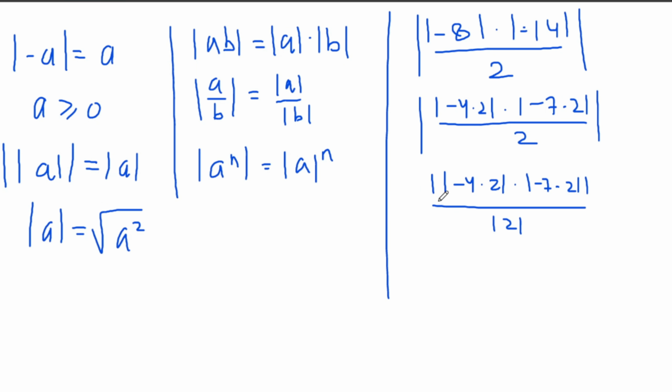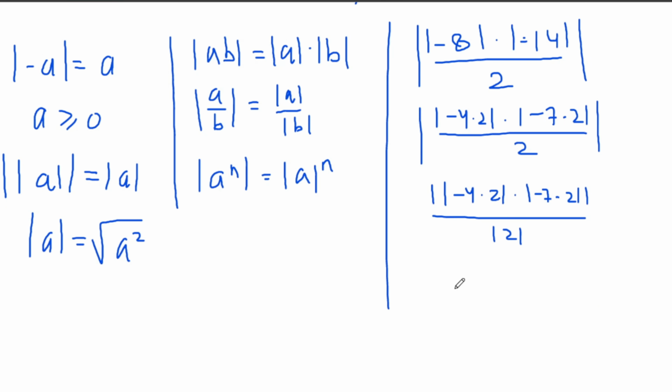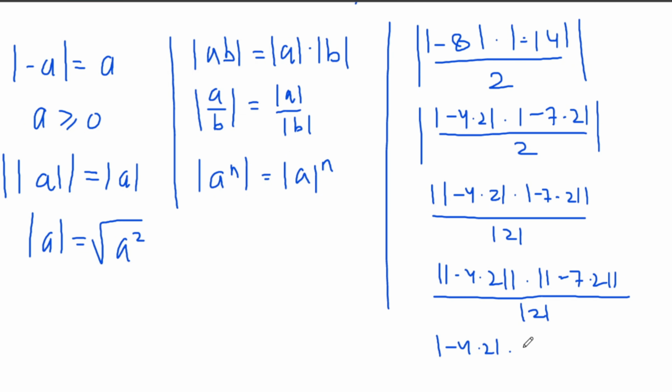Now we can use the multiplication property. It would be the absolute value of negative 4 times 2, times the absolute value of negative 7 times 2, over the absolute value of 2.